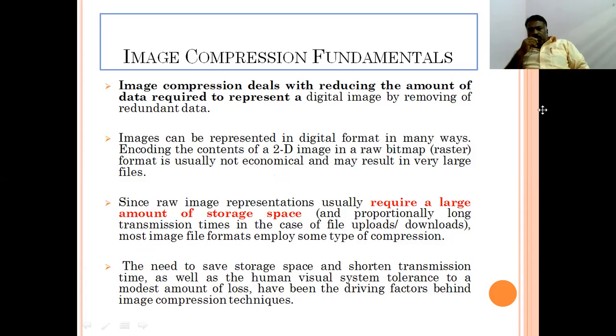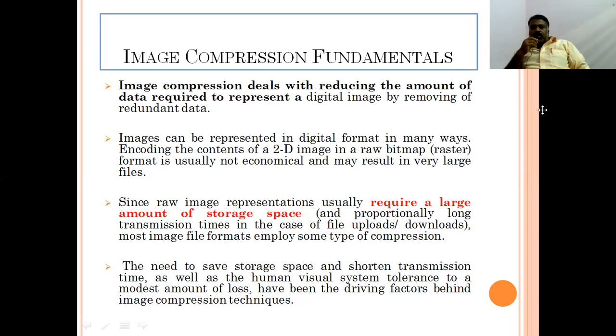Whenever we transfer a file from one terminal to another, or one node to another, or one system to another, we face the problem of data loss, which affects the quality of the image at the receiving side. Because of this, the image compression model is broadly classified into two categories: lossless and lossy.